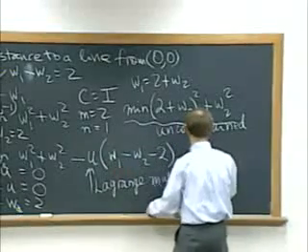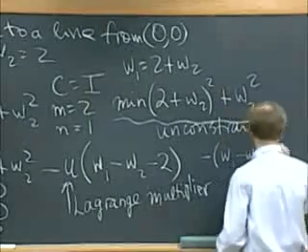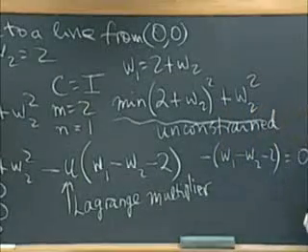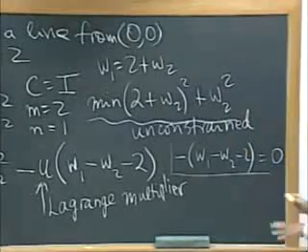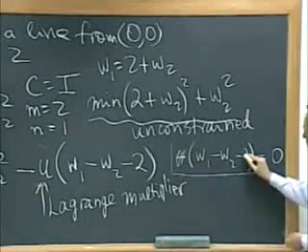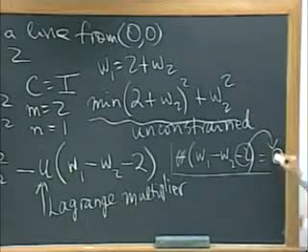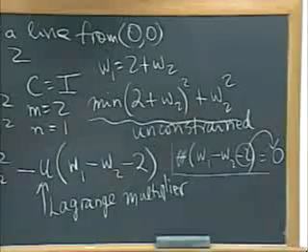Minus the W1 minus W2 minus 2 should be 0. That's the d by dU written correctly. Now I ignored that sign and I moved the 2 over there. Yeah, sure, I did it too quick.